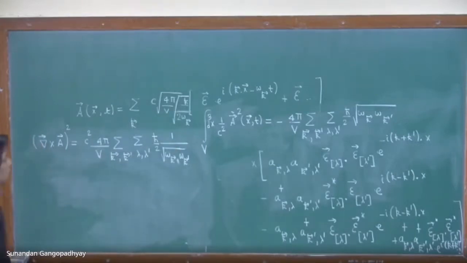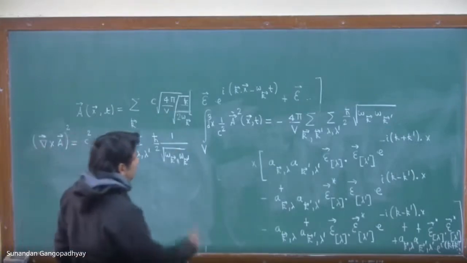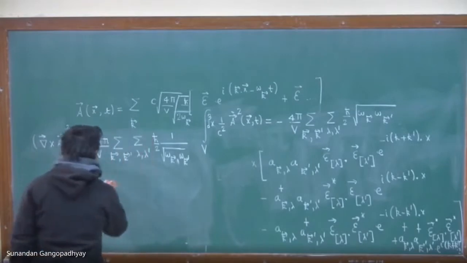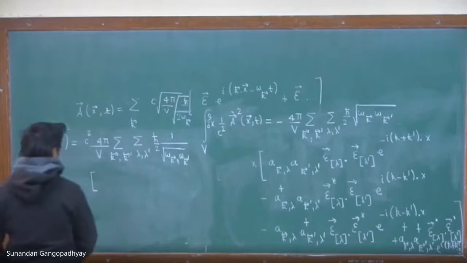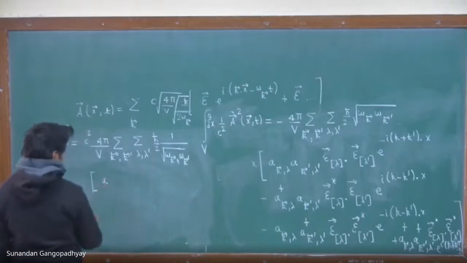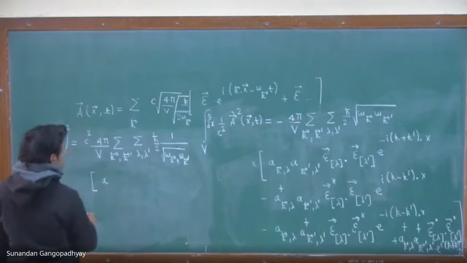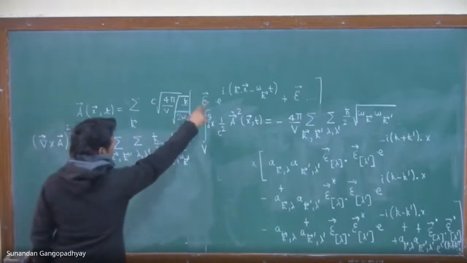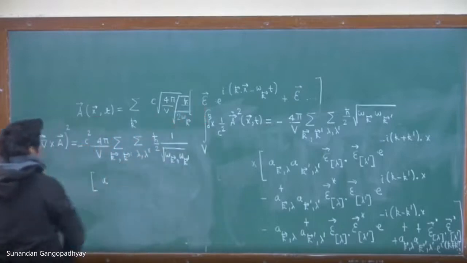And then, if you take the curl, that will give us the following thing. You will get an i from here, so that will give us a minus sign in front.